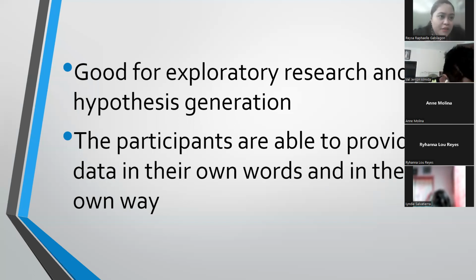Since we are doing interview most likely for qualitative research, pwedeng sumagot yung participants sa way na gusto nila. They can use their own language and they are not restricted. So they can answer your questions kung ano yung gusto nilang isabi. Hindi kagaya ng using a questionnaire wherein the researcher will provide the answers and they will just choose.